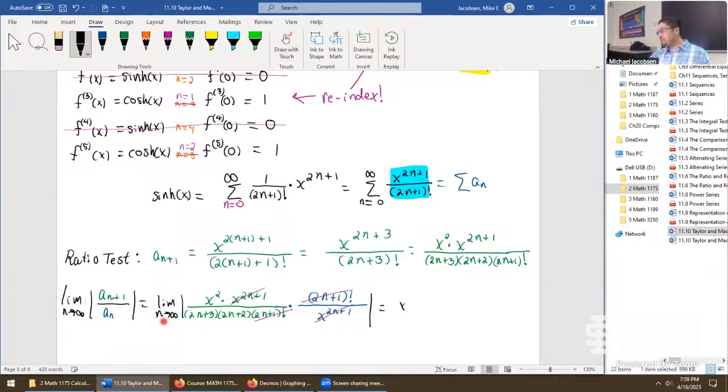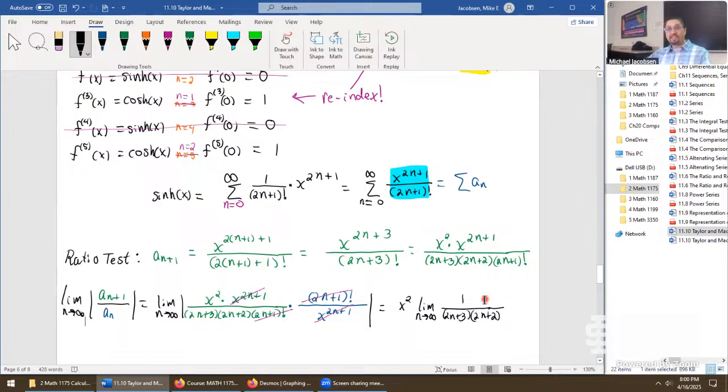So this is now just x squared times the limit as n goes to infinity of 1 over 2n plus 3 times 2n plus 2.